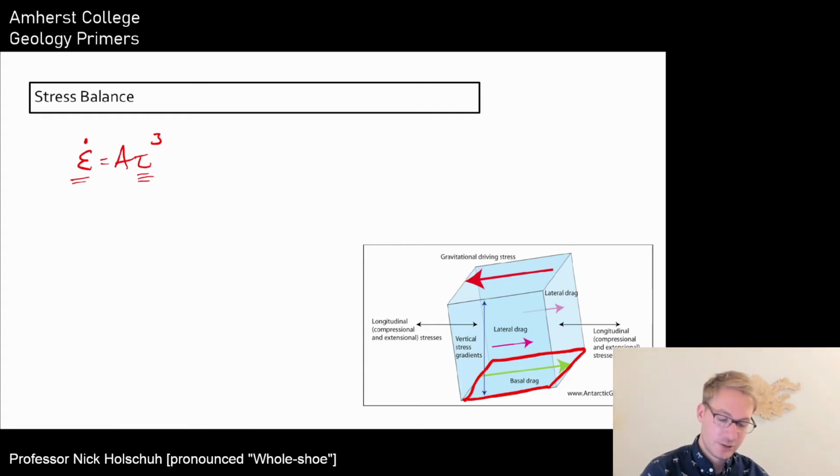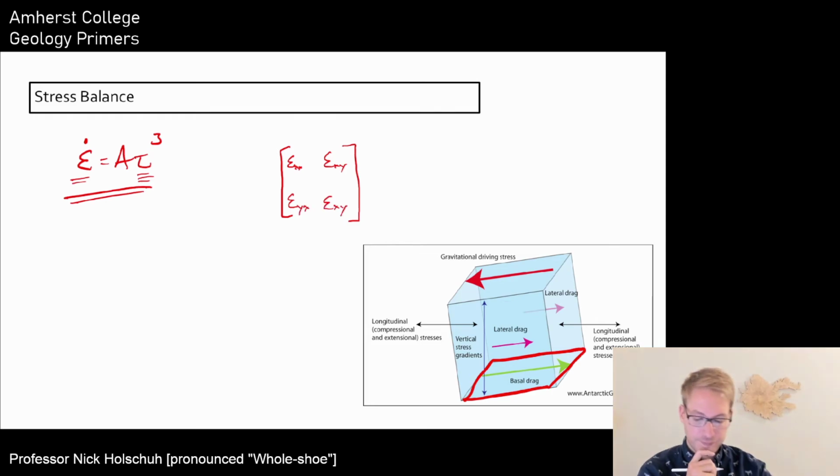You'll see in this equation, I've actually framed this in kind of a generic way; it's better to be a little bit more specific. Remember we said ice can deform in many different ways. It can deform, let's just do this in the two-dimensional case for a second. We have all of these different potential strain rates. Ice can stretch, ice can shear.